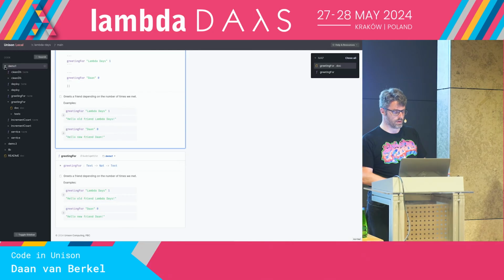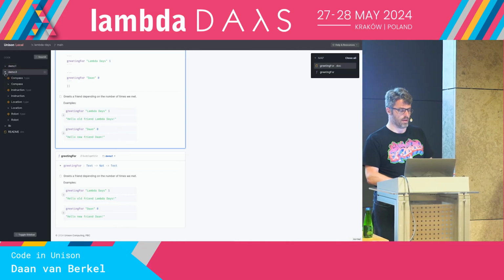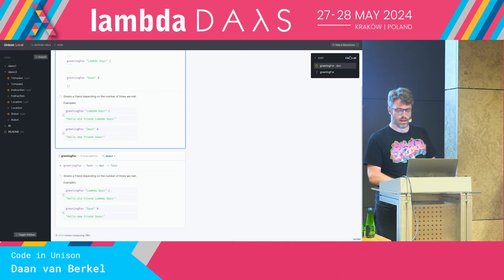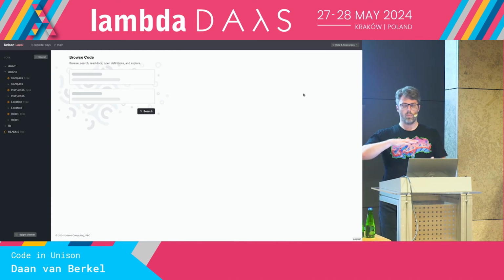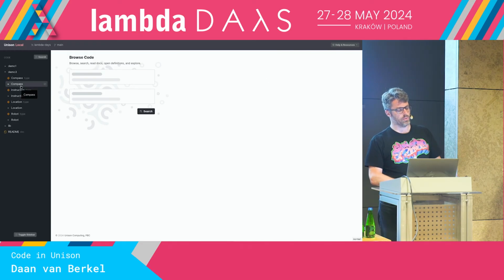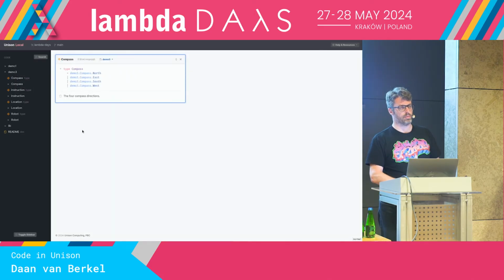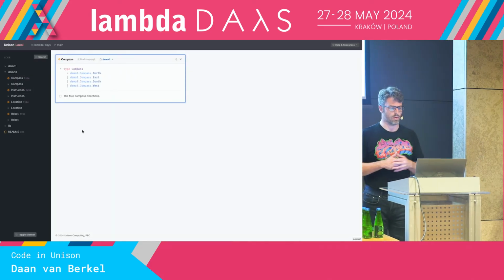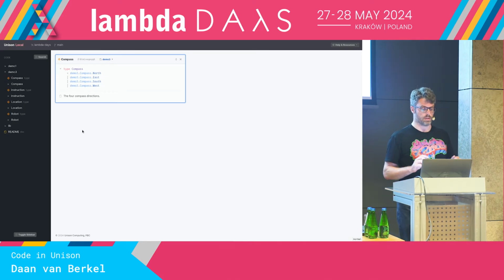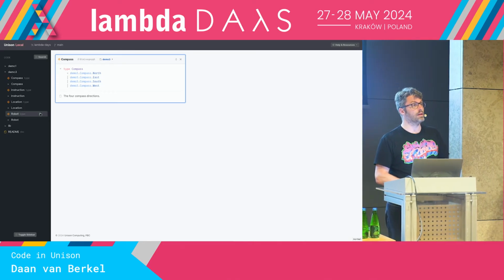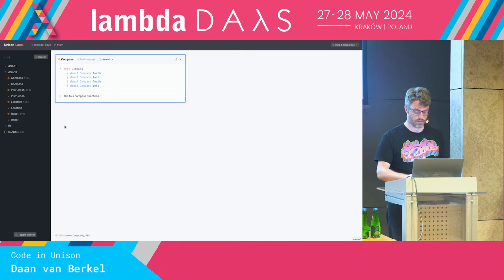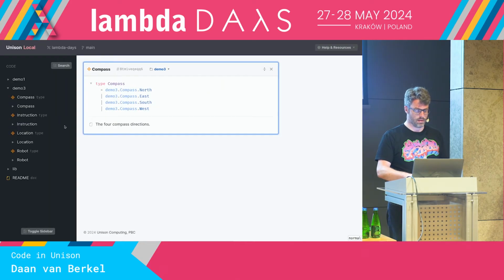What I wanted to show is another demo, and you have to imagine a little robot that is roaming around on Mars and that we are writing software for. So just to quickly view the different types that are responsible, there's a compass type, which is nothing more than the compass directions. Is this readable-ish? Sure, okay.